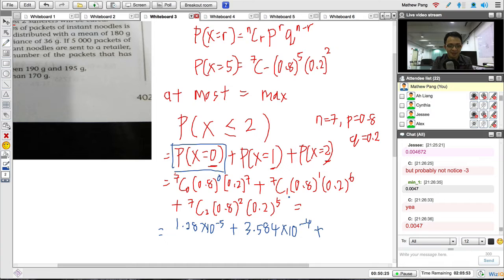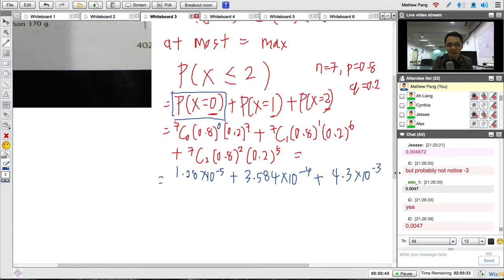Plus the next one, 7c2 multiplied by 0.8 power of 2, and then multiplied again by 0.2 power of 5. I get 4.3 times 10 power of negative 3.